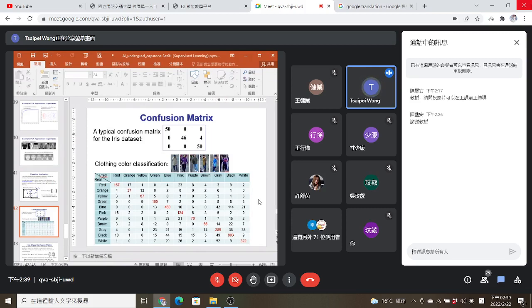And that's another example which has more classes because it wants to characterize colors, the color of a person's clothing. Again, the diagonal ones are the correct ones, and the off-diagonal ones are wrong ones. So those are just some quick examples.